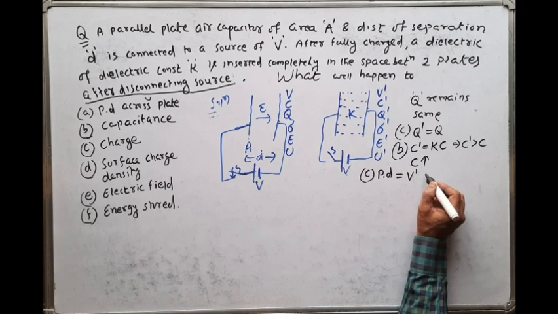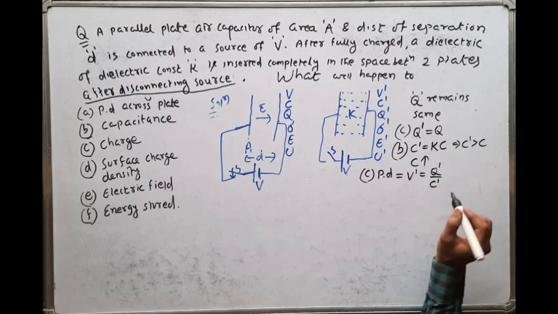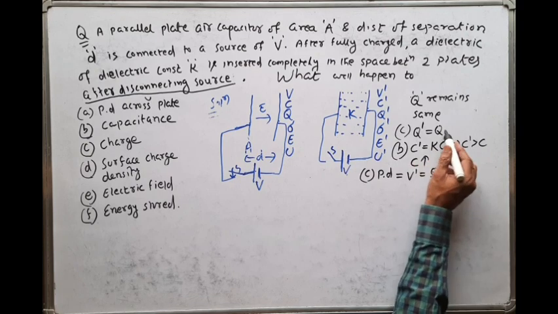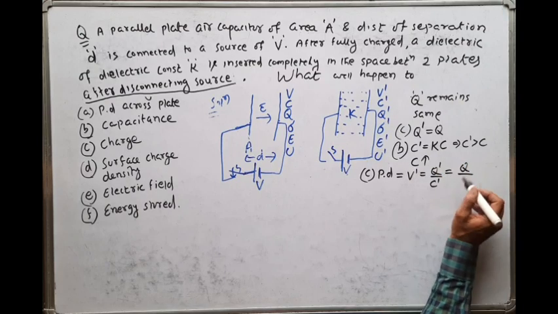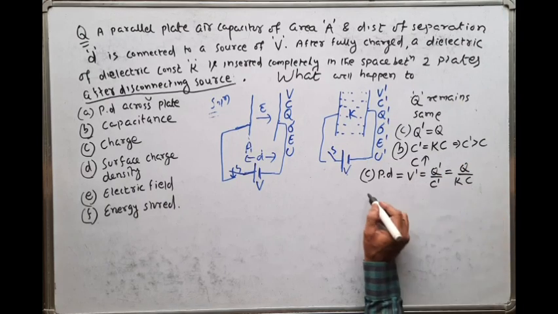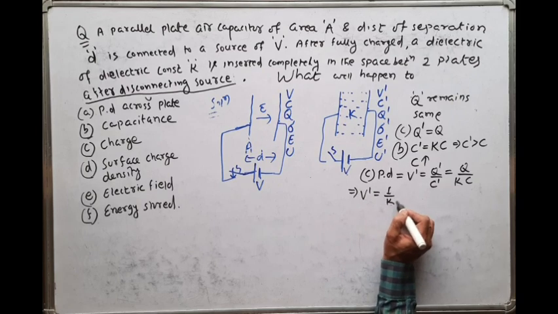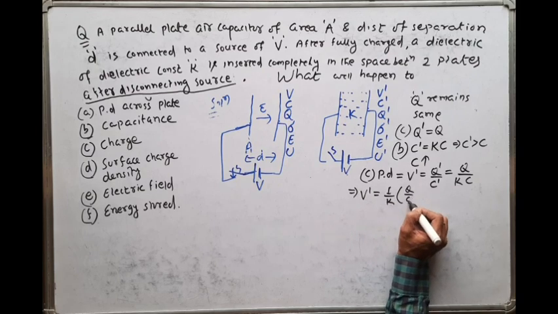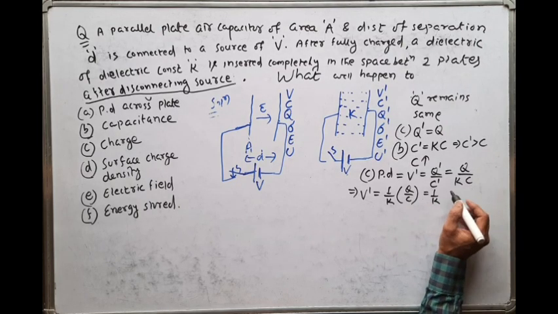It is V dash. V is equal to Q by C, so V dash is equal to Q dash by C dash. Q dash is nothing but Q, the same charge, but C dash is now K times C. So V dash is equal to 1 by K into Q by C. What is Q by C?